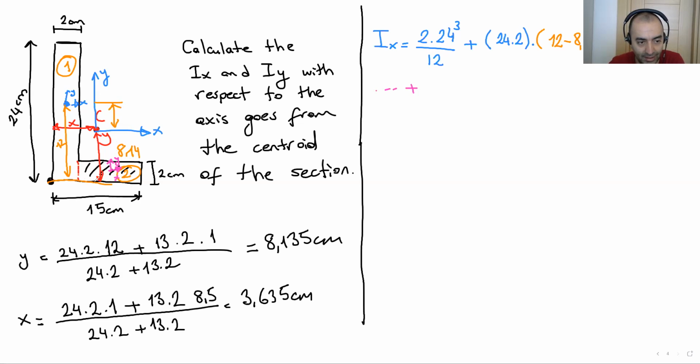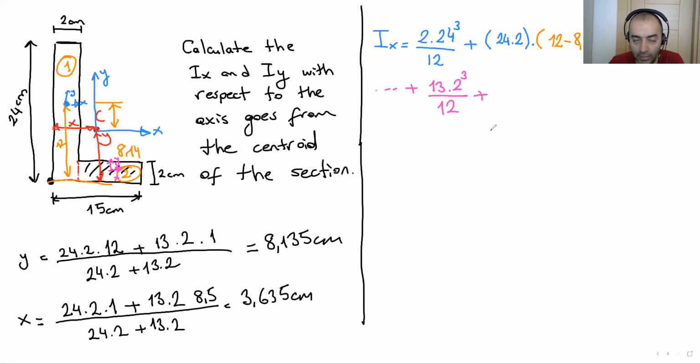What is the distance? Which is 12 times perpendicular 2, and its cube over 12. We have the moment of inertia according to its local axis. Now we are going to use the parallel axis theorem and shift this local moment of inertia to the global axis.